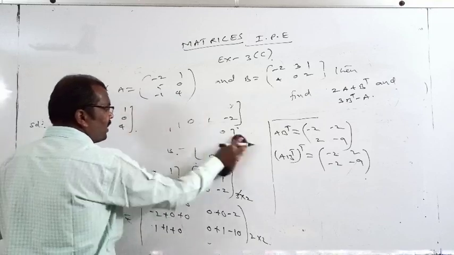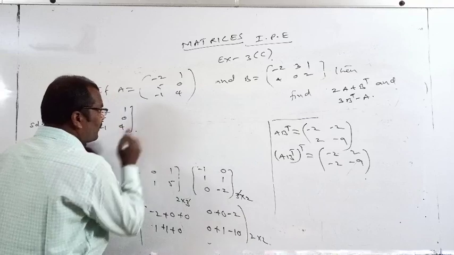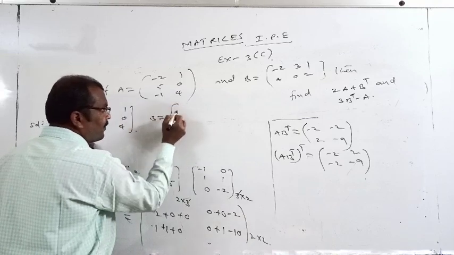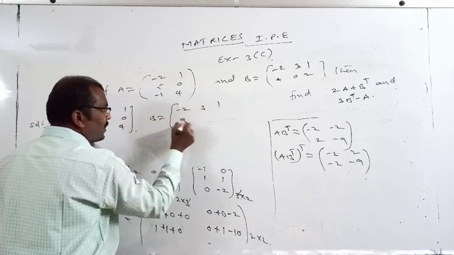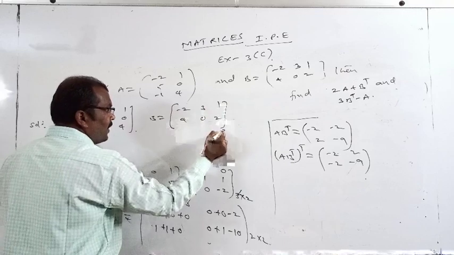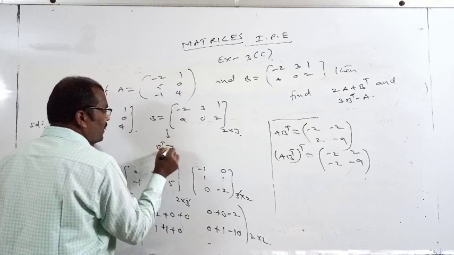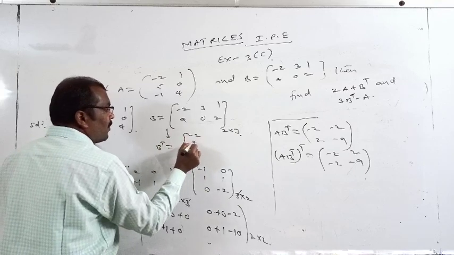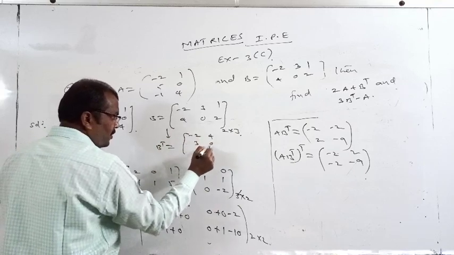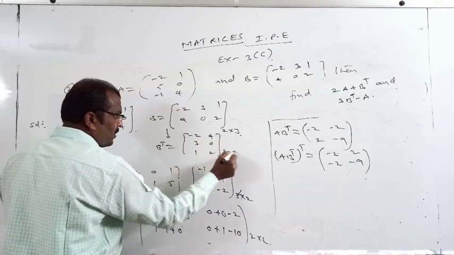Next, what is B now? It is 2 cross 3. Now from here, prepare B transpose first of all. So [-2 3 1; 4 0 2] becomes 3 cross 2.